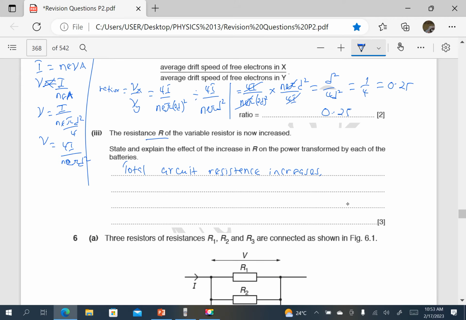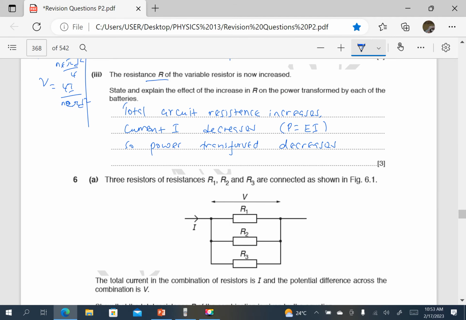And if that is true, it means the current flowing decreases. The current I decreases. And since the power transformed in the battery is E times I, the power transformed decreases.